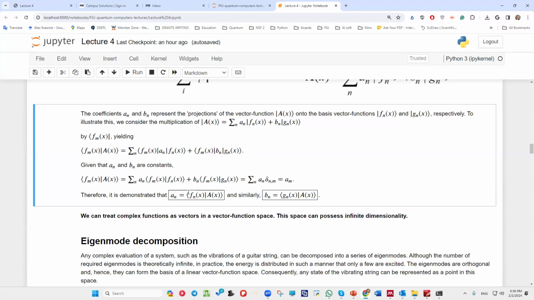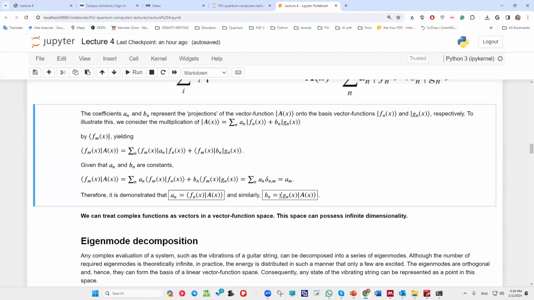Okay, so we conclude that any coefficient in this series, an, is equal to the inner product of the function that we transform times the corresponding basis vector.